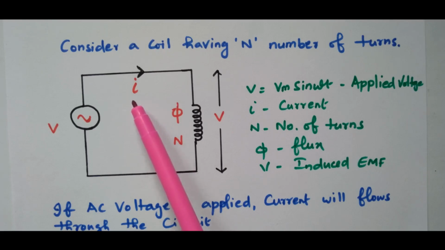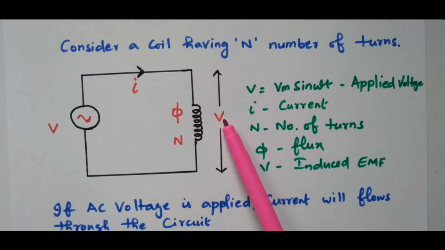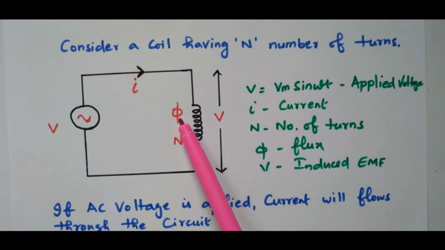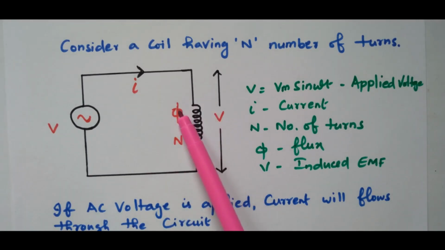Due to the rate of change of current, flux is produced. This flux is also changing, so due to that, EMF is induced in the coil. So this EMF depends upon the flux and also depends upon the current, because the flux is produced from current. So V depends upon flux as well as the current.